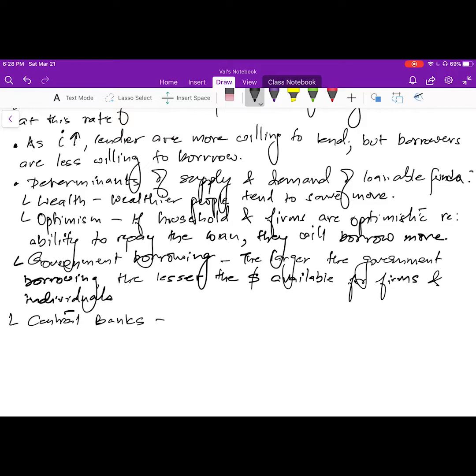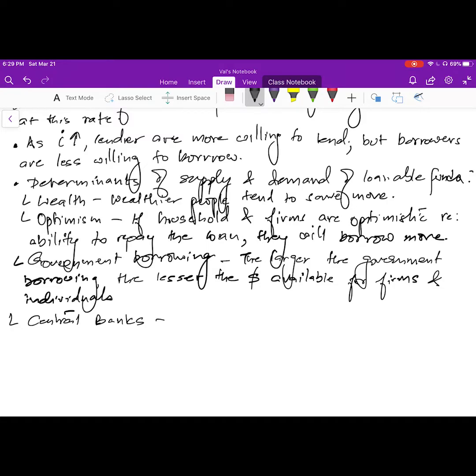So they're constantly changing interest rates to make that happen. They do so by buying and selling bonds and other securities, which in turn determines the interest rate.